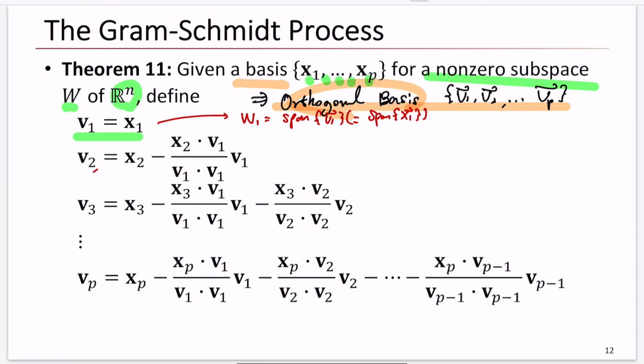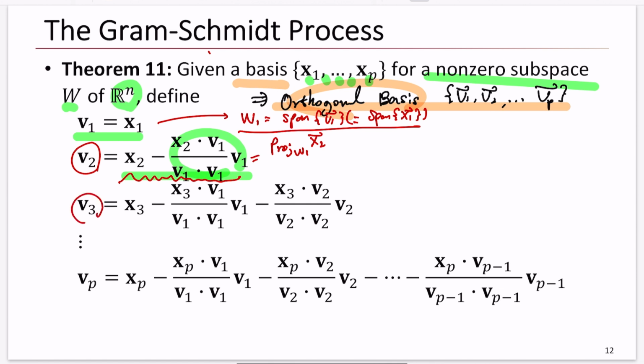Then v2 is determined by x2 minus the orthogonal projection of x2 onto the W1 space. So this is x2 minus (x2 inner product v1) over (v1 inner product v1) times v1. That's v2.